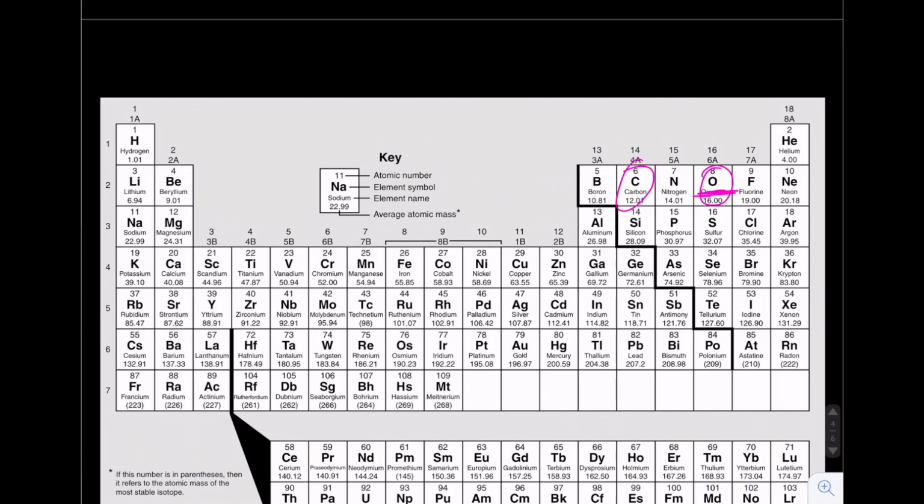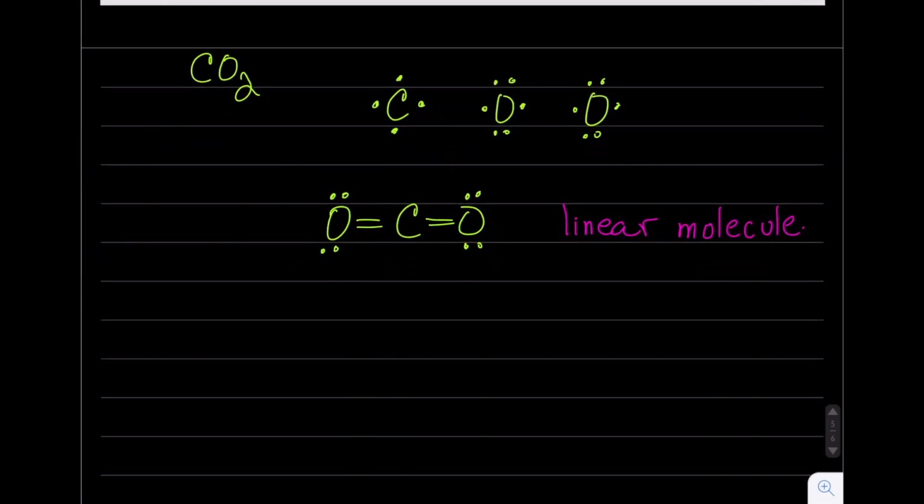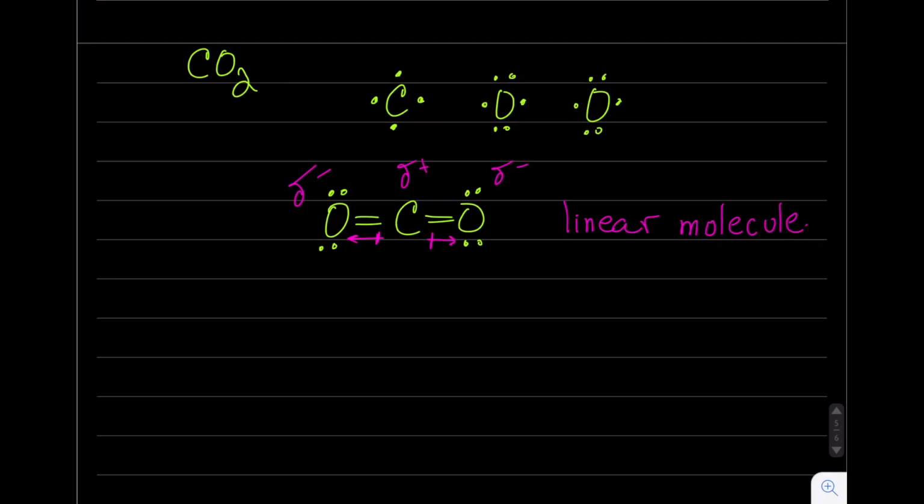With the oxygen being the more electronegative atom, which means the electrons are going to pull away from the carbon, making the carbon slightly positive, and towards the oxygens, making the oxygens slightly negative. Okay, so now we know we have a linear molecule made up of two polar bonds.